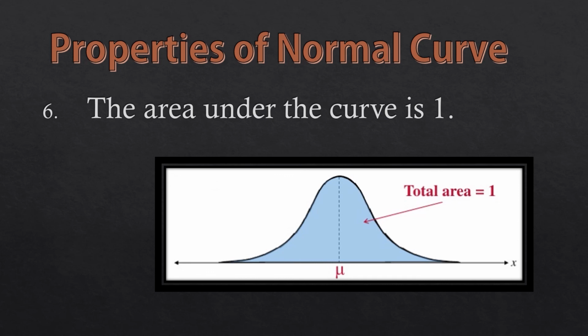The normal curve represents the probability or the proportion, which we can also call percentage, associated with a specific set of measurement values. So this region has a total area of 100%, which is also equal to 1 in probability.